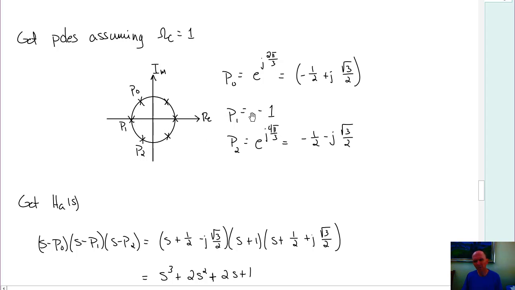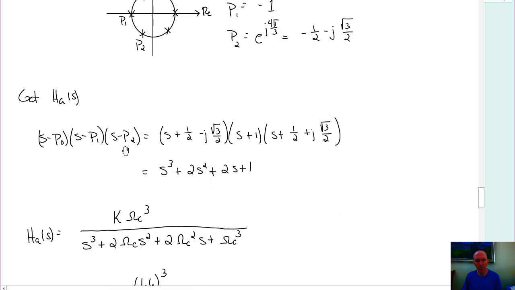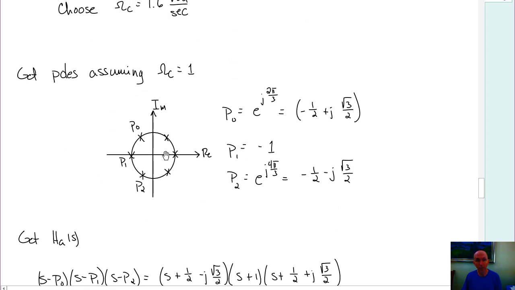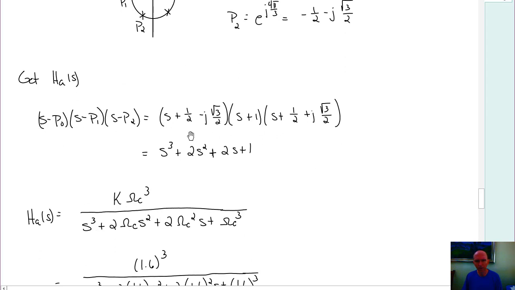By inspection, we can see that P1 is at -1. Once we get P0, P1, and P2, we can multiply for the denominator. Of course, this is assuming that omega C is equal to 1. We multiply this out; verify that this is what you get.